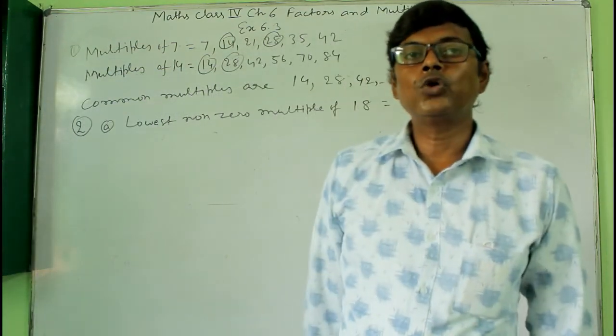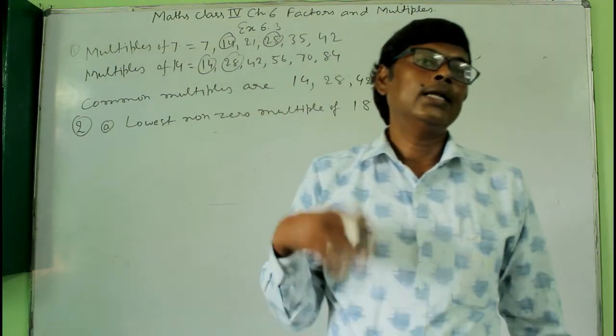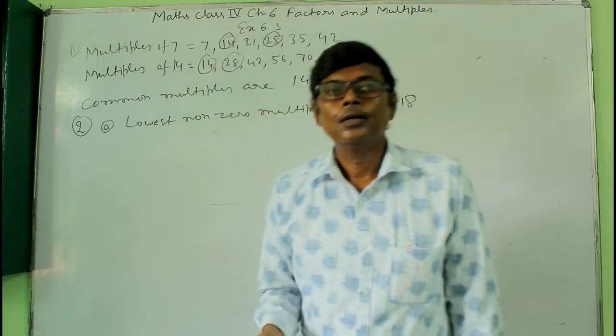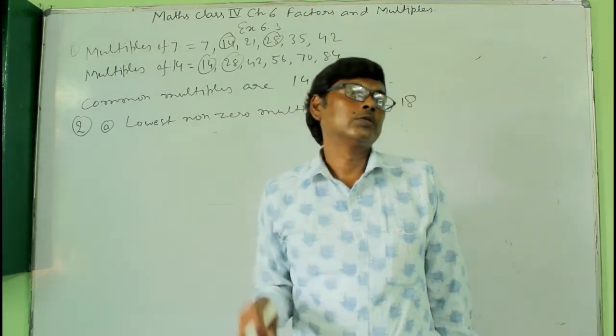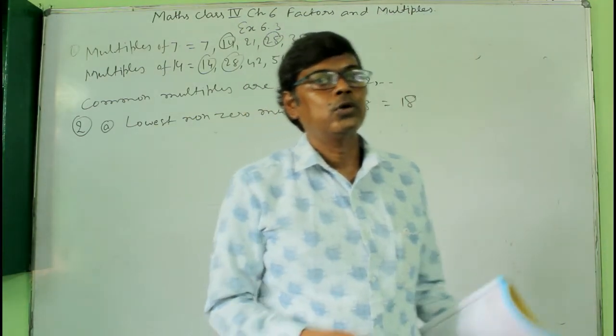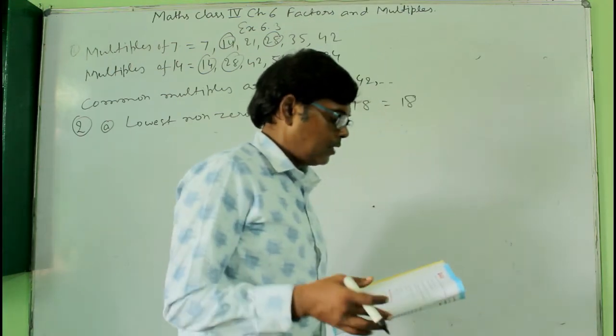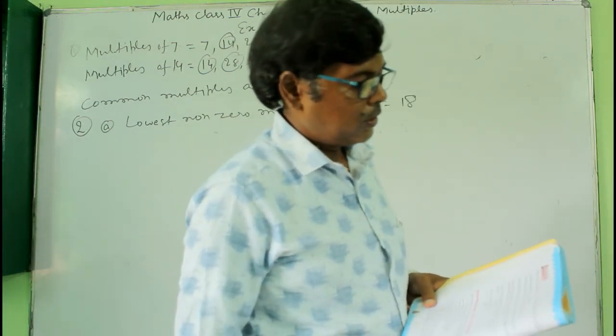The lowest non-zero multiple of 18 is 18 itself, because for any number if you find the multiples, then the number itself is the lowest multiple. Okay, so here the answer is 18, and then you will do question number B yourself.